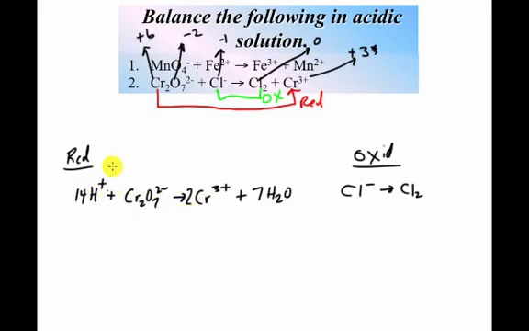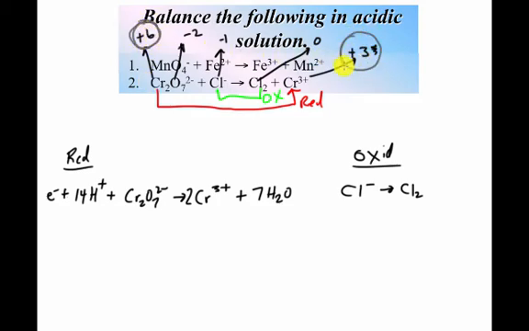Now because I'm putting charges in here, I have to balance the charges because I've been changing them by putting 2's in front and 14 hydrogen ions. So to do this, I'm going to have to throw in here some electrons. Alright, so the electrons that I'm going to throw in here depend on the chromium. Now this one's a little confusing, so be careful. Alright, so what I'm going to do here is I'm looking at chromium is a 6+, goes down to a 3+.